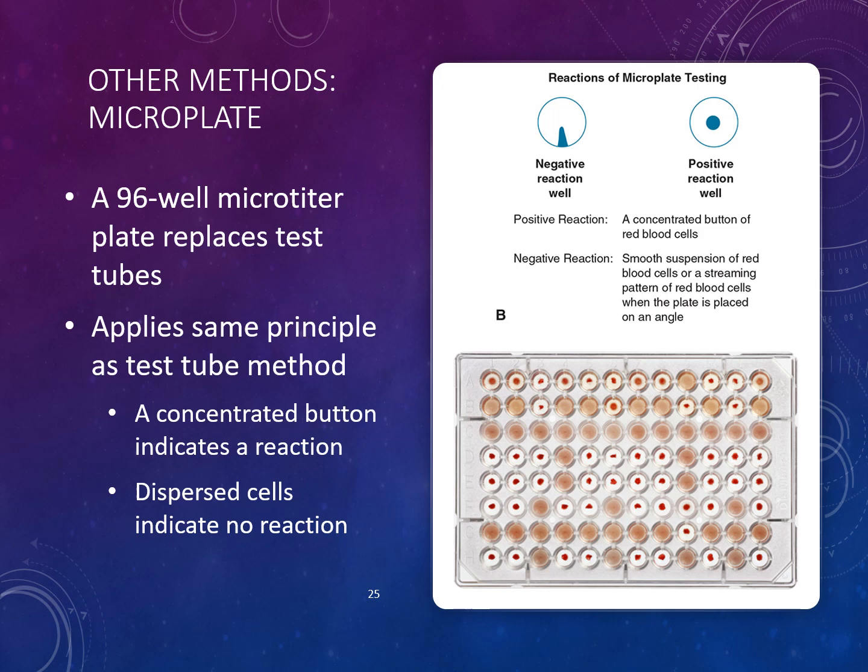These look very similar to the microtiter plates used in other areas of the lab, like immunology, micro, etc. It applies the same principles as your tube method, where you're looking for agglutination, a solid button in the bottom of the well, versus where it disperses out and moves around, where there's no agglutination happening. We will talk about this in more detail in another lecture.